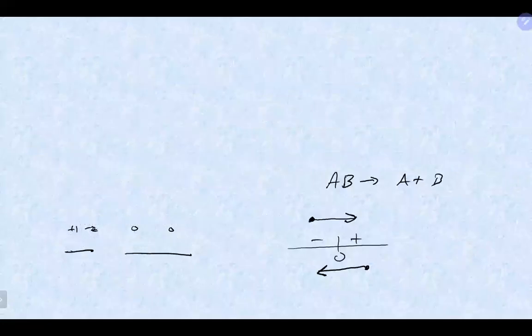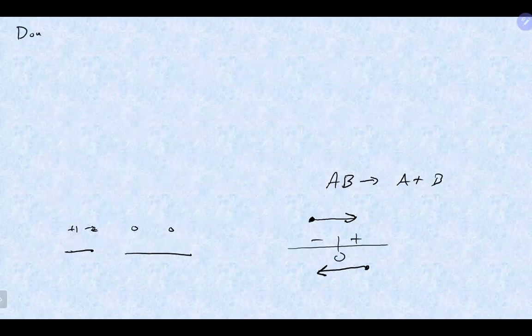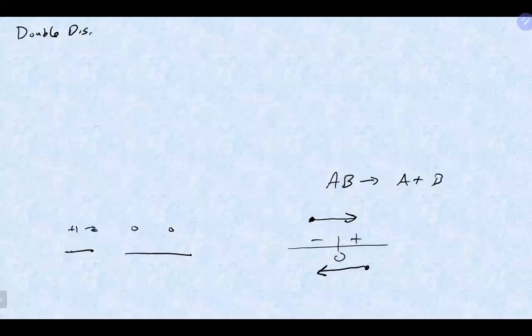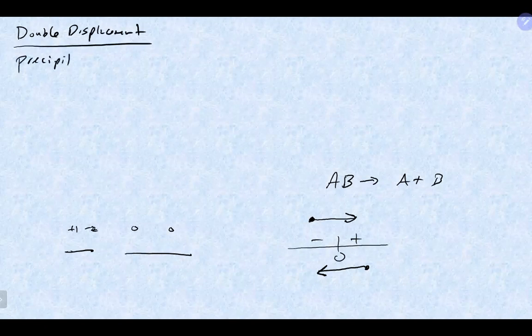So just to summarize again, the different types of reactions here. Under the big umbrella of double displacement, you can more specifically classify a reaction as a precipitation reaction or an acid-base reaction.